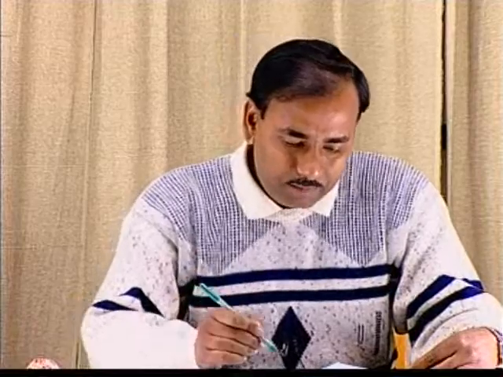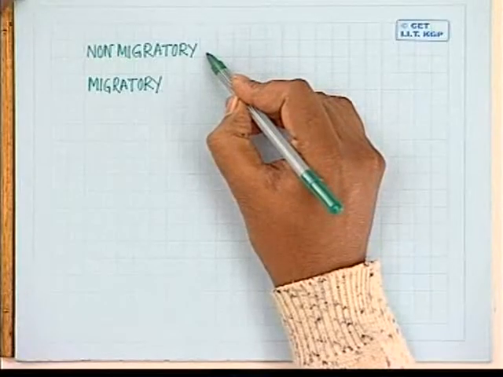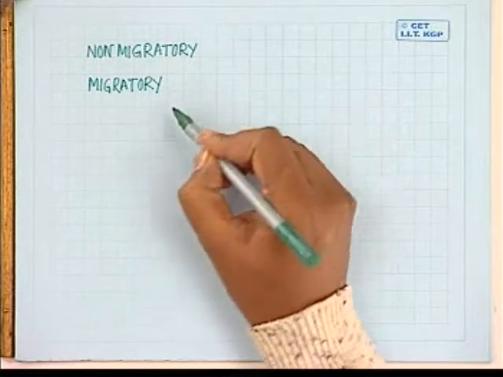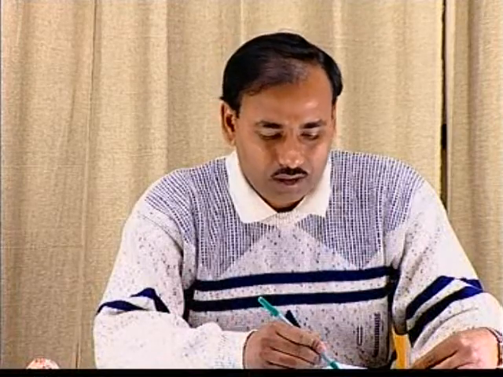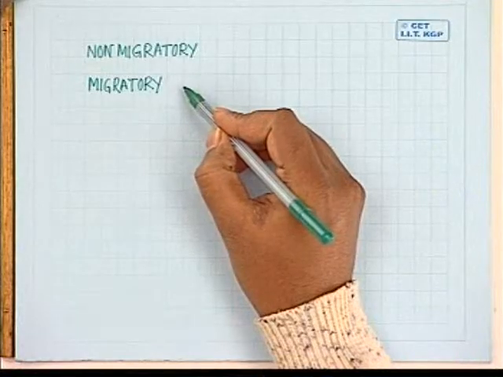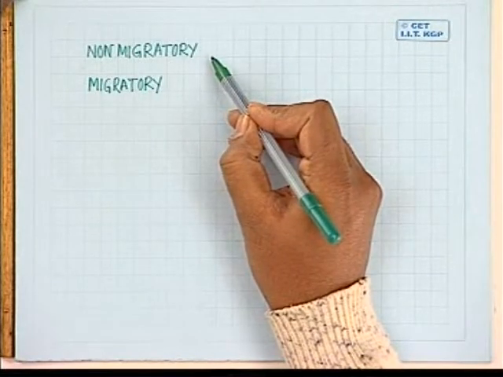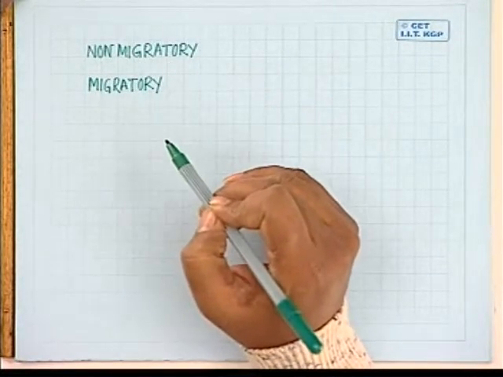So accordingly, we can have either a non-migratory or a migratory type of processor scheduling.